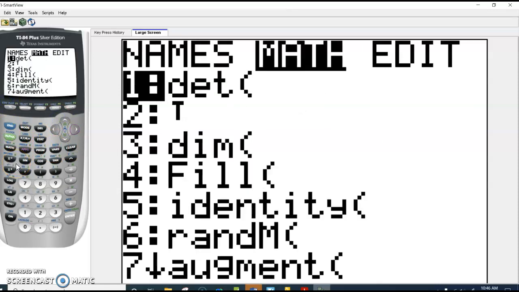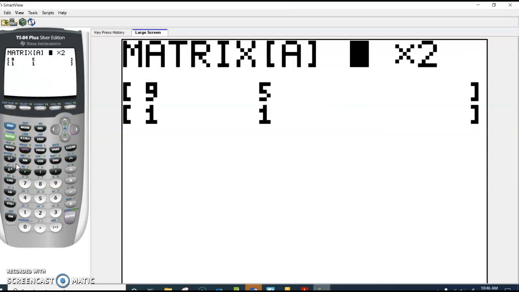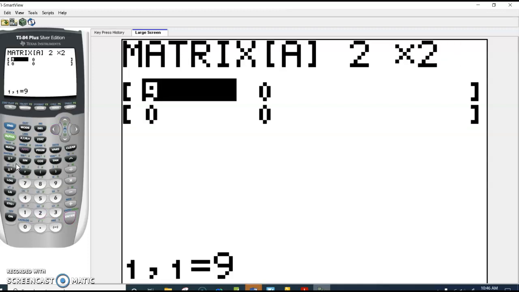I'm going to press second matrix, go over to edit. It's a 2 by 2 matrix. Not 1 by 1, Mr. Graham, what are you doing? 2 by 2. And I'm going to type in the coefficients. What were the coefficients? I totally forget.